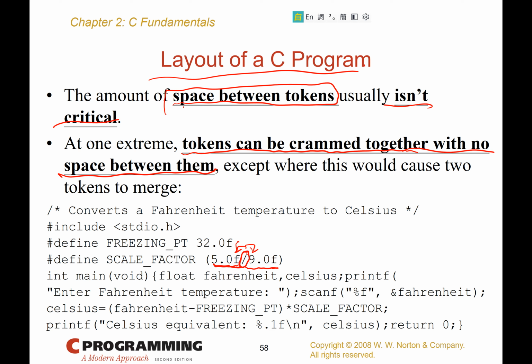But in float Fahrenheit, if you take out this space, you will cause a problem because you combine a keyword and an identifier, the variable. So this space is critical and important.